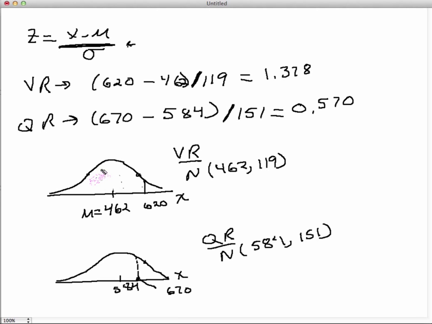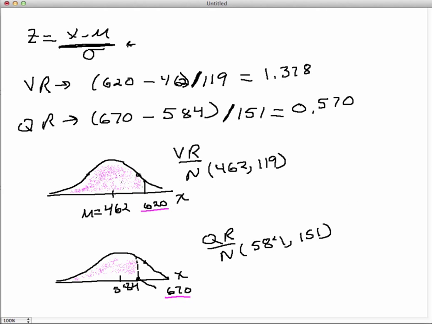So in other words, I need to find these shaded regions here. This shaded region down here will correspond to the percentile of people who scored less than 620, okay? And then similarly down here in the quantitative reasoning distribution, this shaded region right here will correspond to the percentage of folks who scored less than 670, okay?